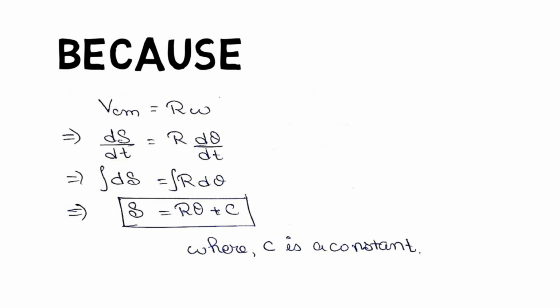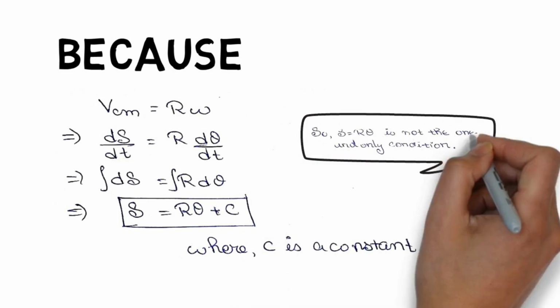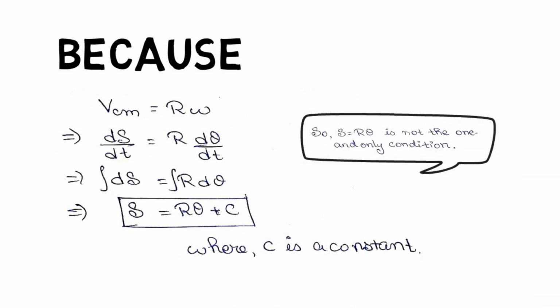As a final result, we get SCM equals R theta plus C. Here also another integration constant C comes out. So SCM equals R theta is not the one and only condition for pure rolling. Even when SCM equals R theta plus C, the disk will exactly perform pure rolling motion.